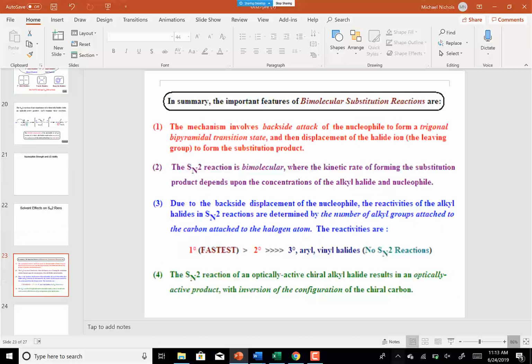Now, if I skip all the way to the end here, here are the important things for SN2.